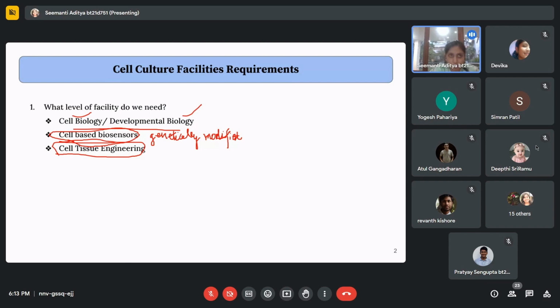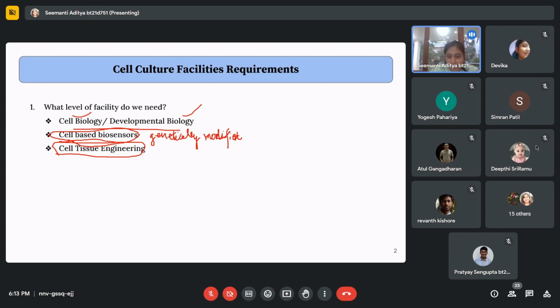This also requires a very high level of cell culture labs, because we require a lot of sterilization techniques. If you are making a heart inside the lab, and we want that heart to be replaced in an in vivo system, then it needs to be really sterilized. It should not have even one bacterium or one microbe in it.